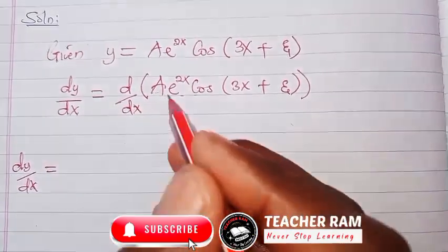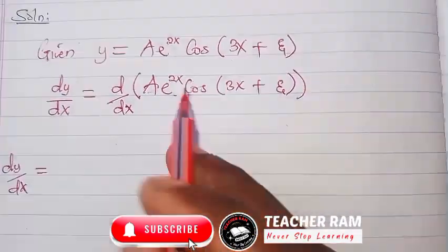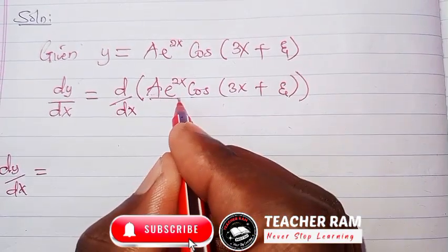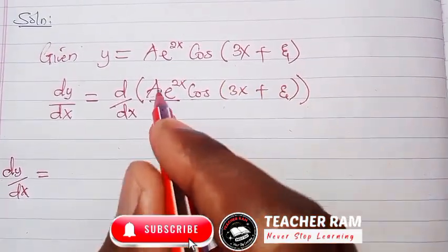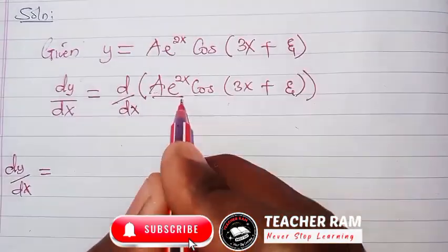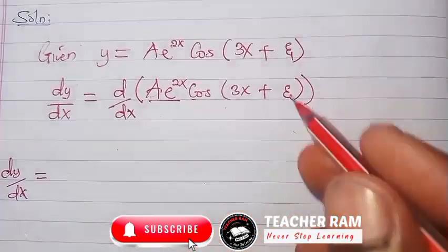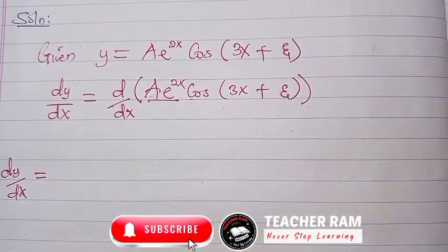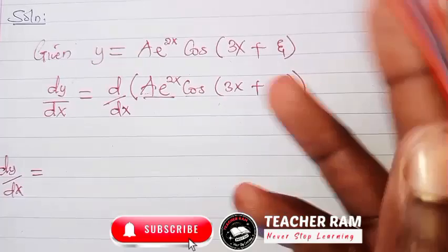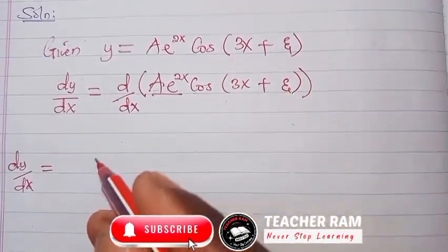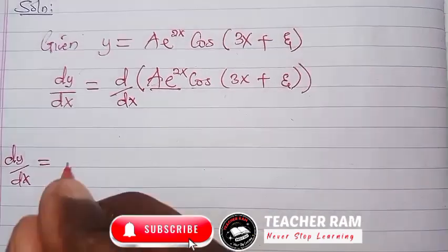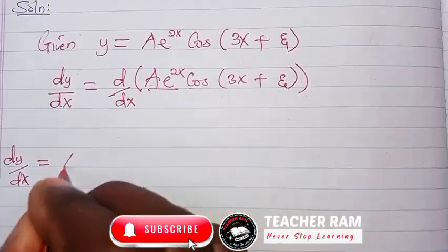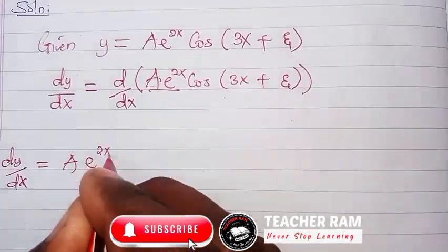I differentiate one function and keep the other constant, and then add the derivative of the other function while keeping the first function constant. So let us start by keeping a e^(2x) constant.